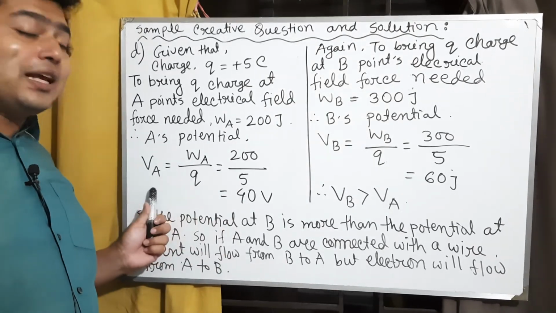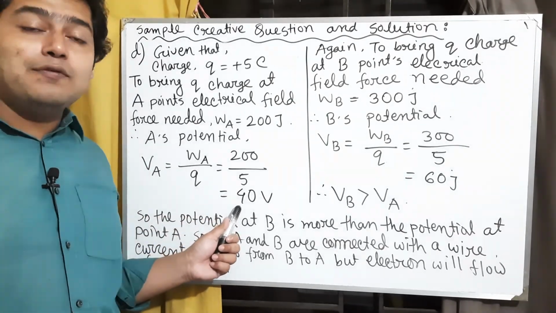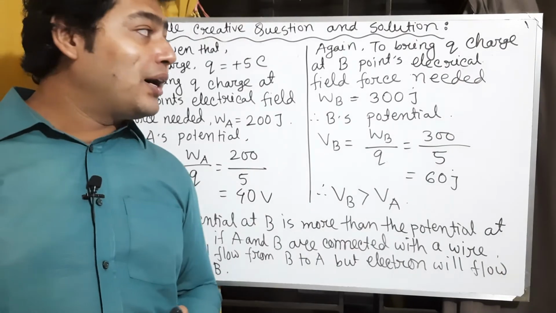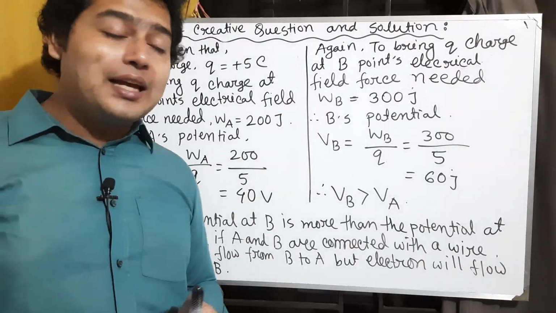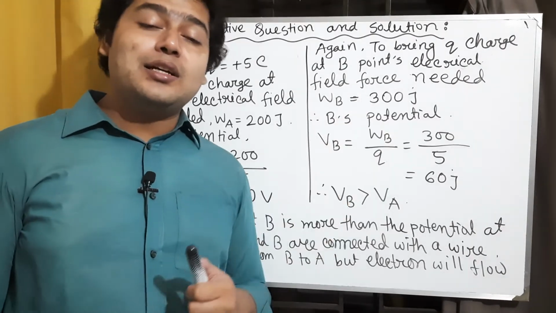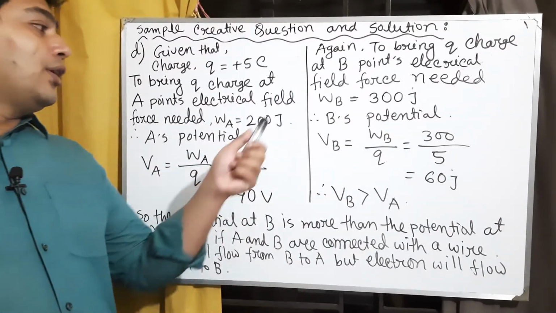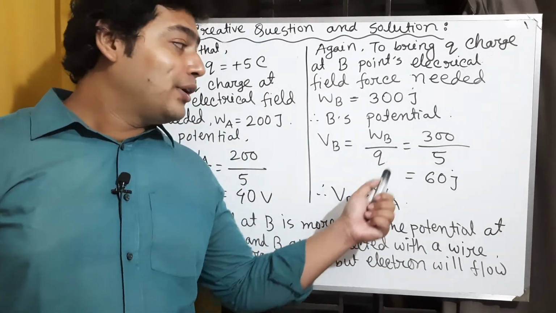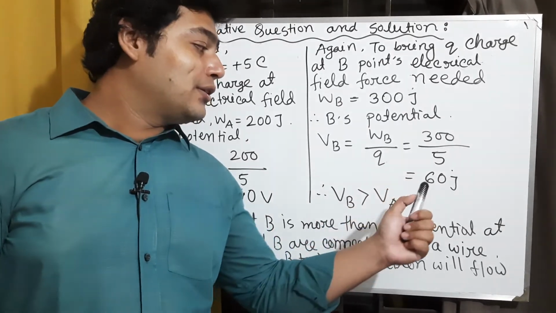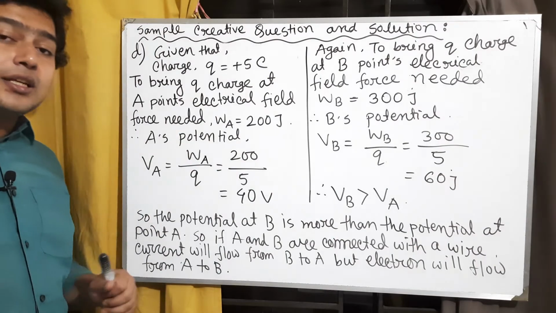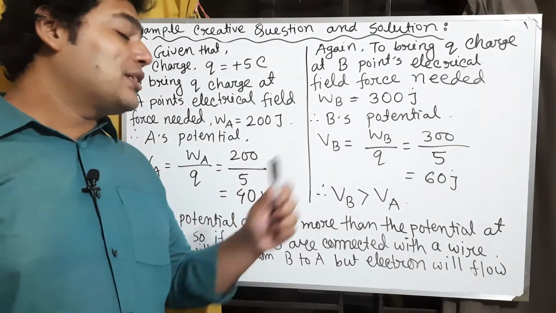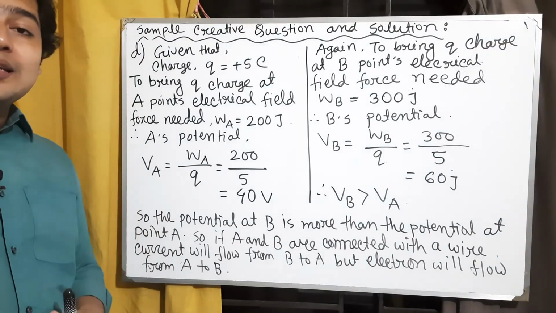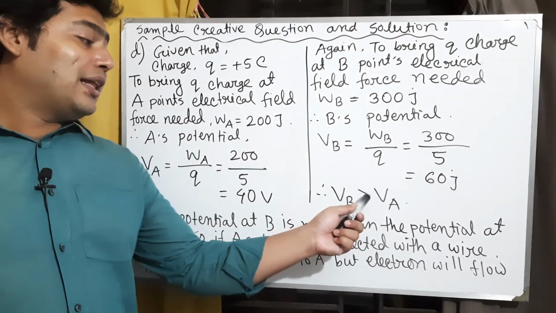So, we get the potential at point A is 40 volt. Again, to bring Q charge to point B, the electric field force needs work WB equal to 300 joule, given in the stem. So, B's potential VB equals WB by Q equals 300 by 5 equals 60 volt. So, from this calculation we get that the potential at point B is more than the potential at point A. So, we can write VB greater than VA.